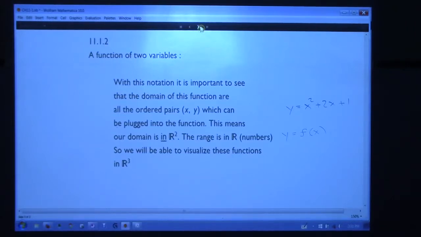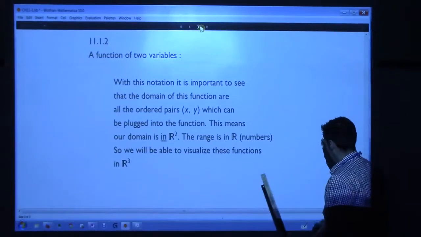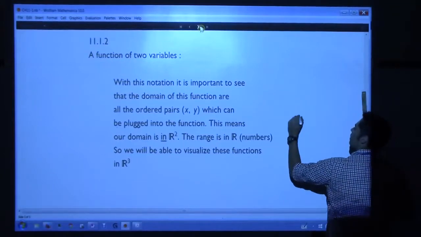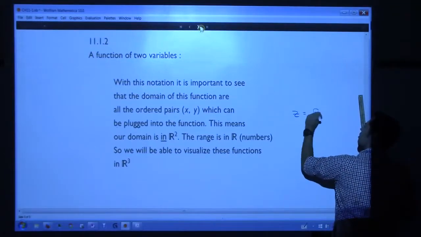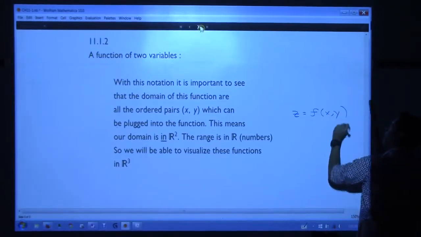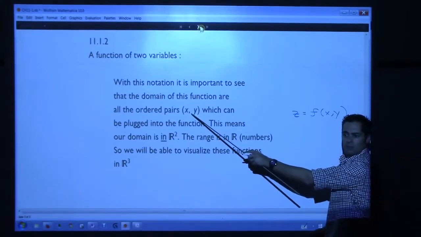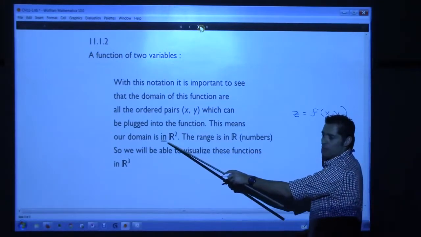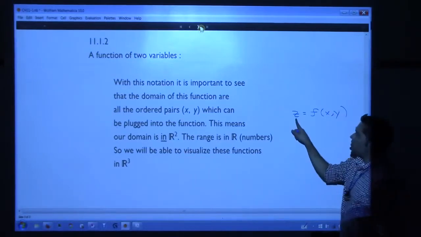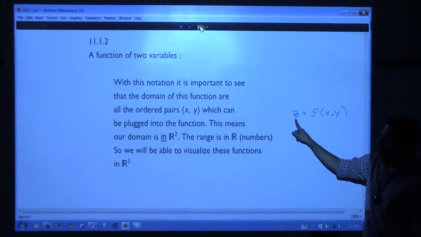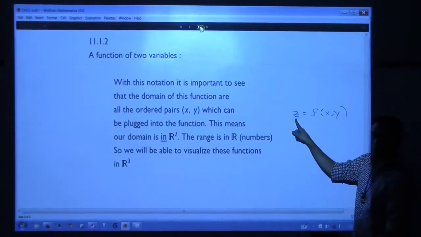With this sort of notation in mind, z is some function of x comma y, the input, since I have to give you an x and a y to determine z, can be looked at as being a point living in two-dimensional space. The output is a single number, and it can be looked at as being just a number on a number line.